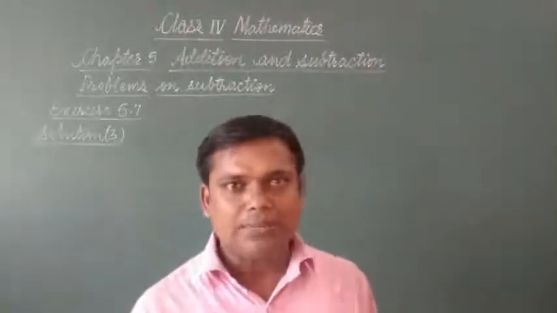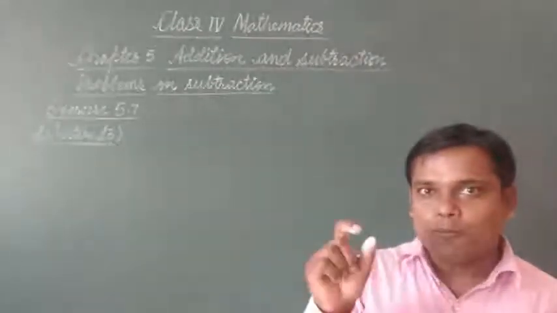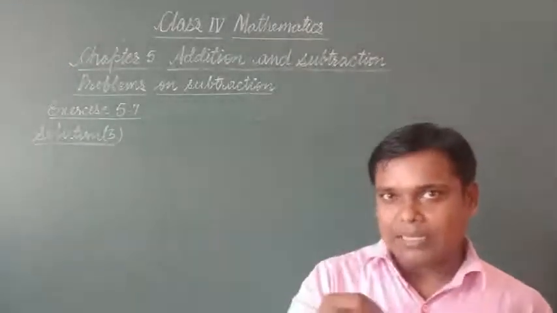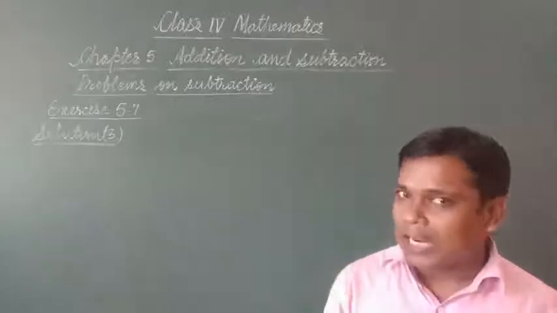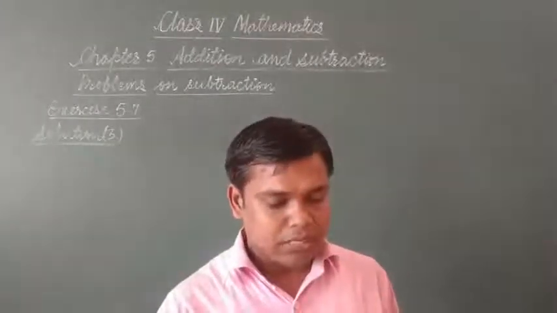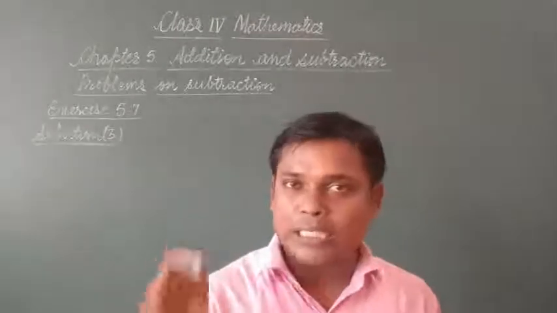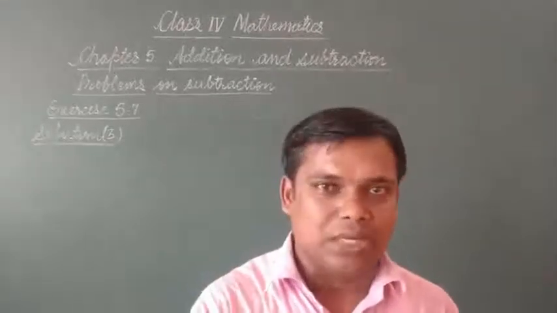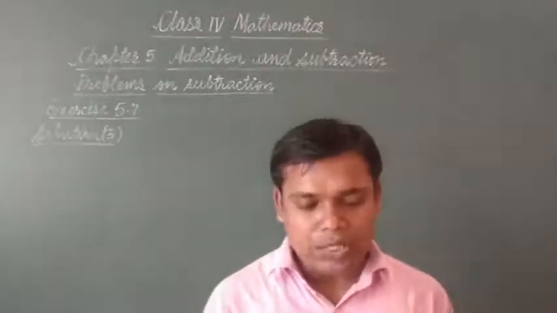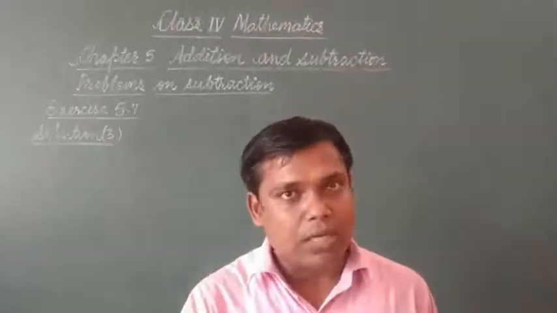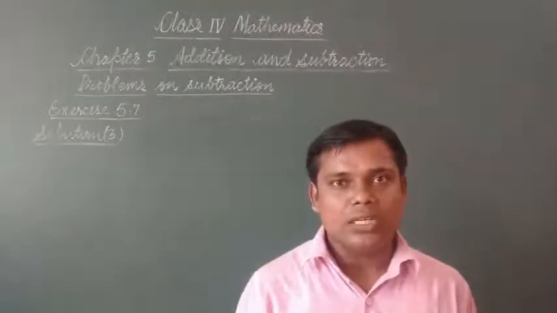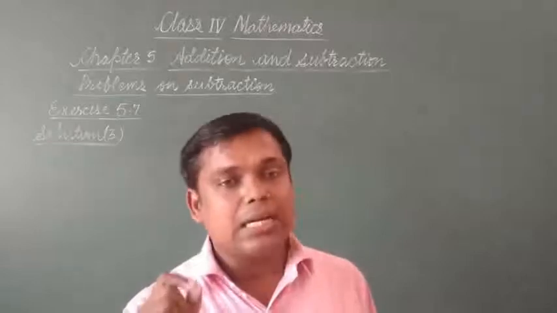So how do we write? We write weight of sugar is equal to total weight, that is given that a shopkeeper had 2453 kg. It is the total weight of sugar. Now he sold in 2 days. In the first day he sold 526 kg and in the second day he sold 859 kg.